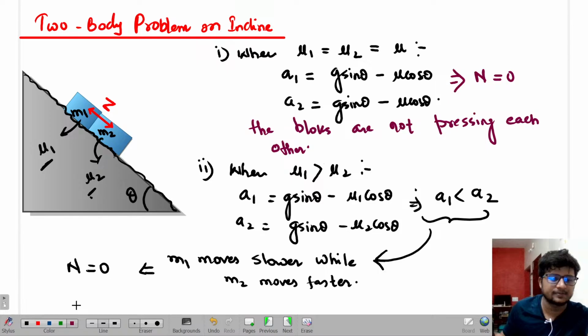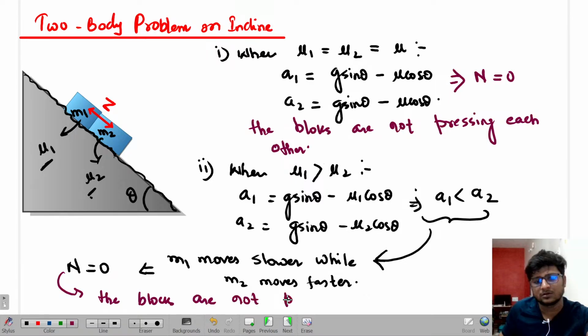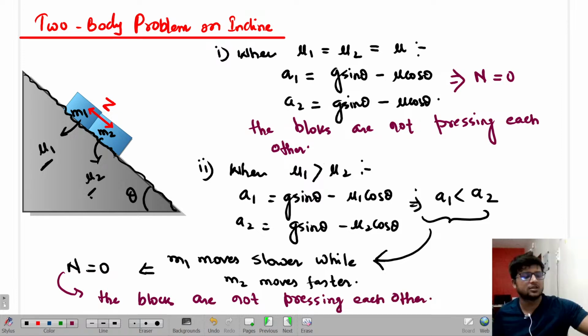So this one will again say that the blocks are not pressing each other. Is this clear or not clear? Tell me. Clear? Okay.